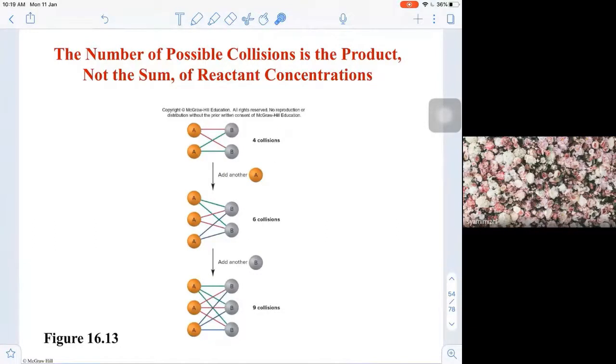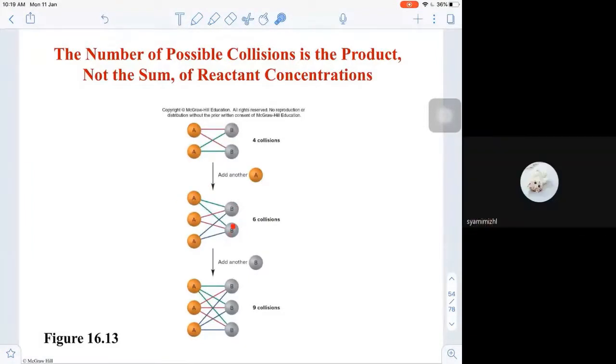And then if we add another particle of A, now we have 3 particles of A and 2 particles of B, and the number of collisions becomes 6. From 4, we add 1 particle, and the number of collisions becomes 6.